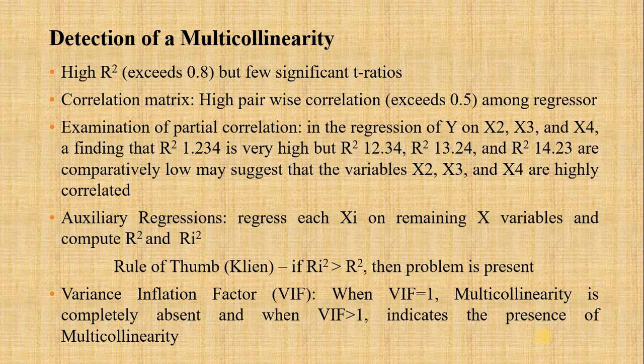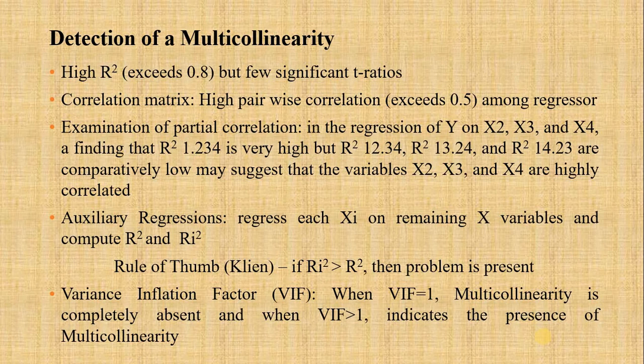This R square is very high, but the R square between 1, 2 keeping 3, 4 constant, between 1, 3 keeping 2, 4 constant, and between 1, 4 keeping 2, 3 constant, you compare these correlation coefficients. If the first R square is very high but all the remaining R squares are very low, then we have to suggest that the variables x2, x3 and x4 are highly correlated.